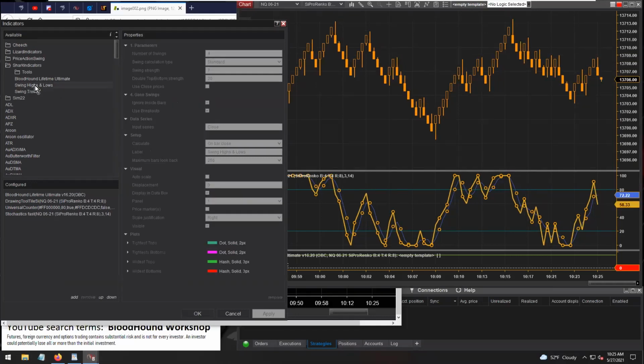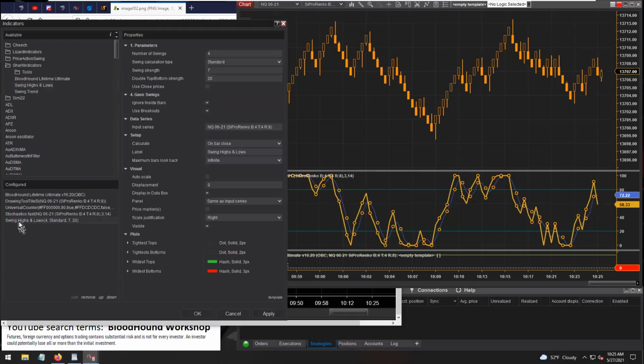So we have swing highs and lows. The swing highs and lows indicator is basically a stripped down version of another indicator called price action swings.